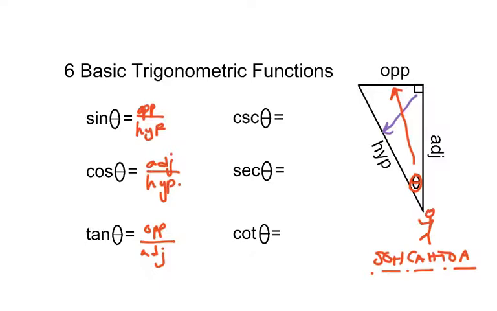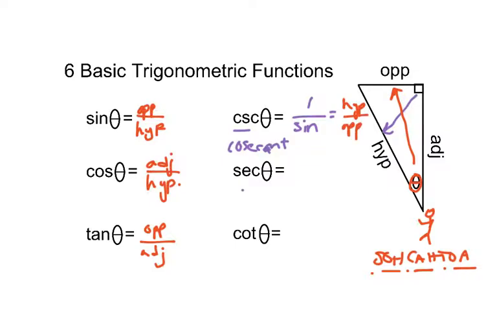All right, then I did mention that the next ones are the flip. What this is called is cosecant. So secant, but with a co in front of it, is actually 1 over sine. And 1 over sine is hypotenuse over opposite.